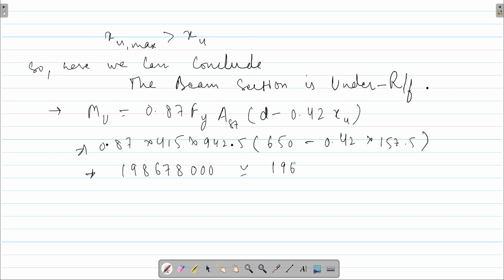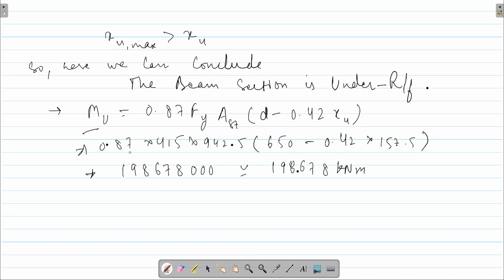By calculating all the quantities, we'll get the value 198,678,000, which can also be written as 198.678 kilonewton meter.